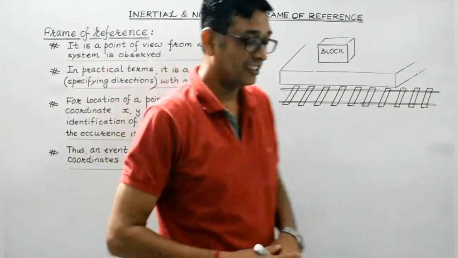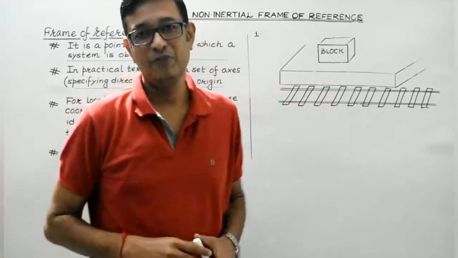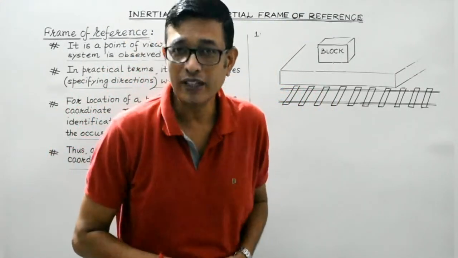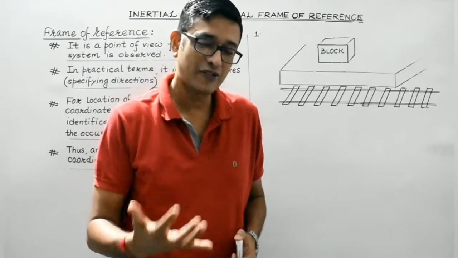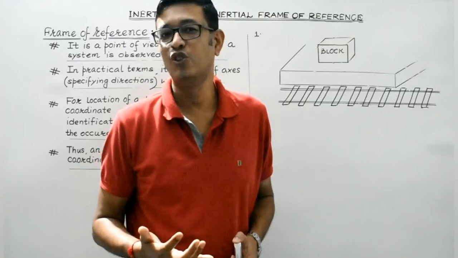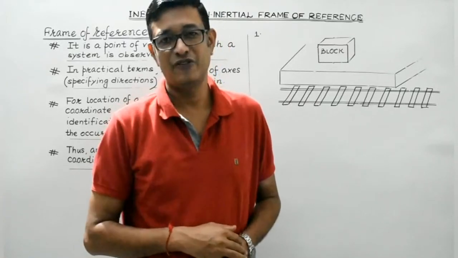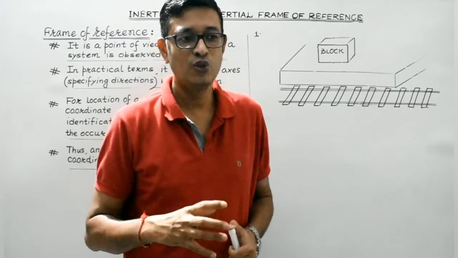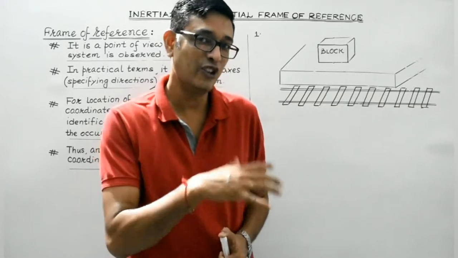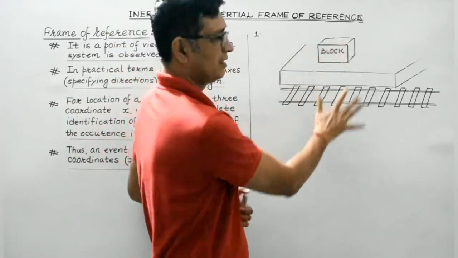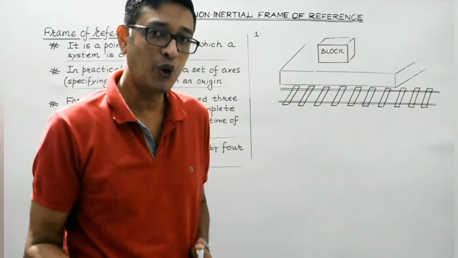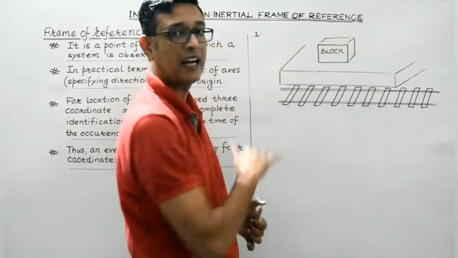Students, let us discuss the types of frames of reference. There are two types of frame of reference. One is known as the inertial frame of reference. The other one is known as the non-inertial frame of reference. In order to understand inertial and non-inertial frame of reference, let's take the simple example of a huge block lying on a platform.